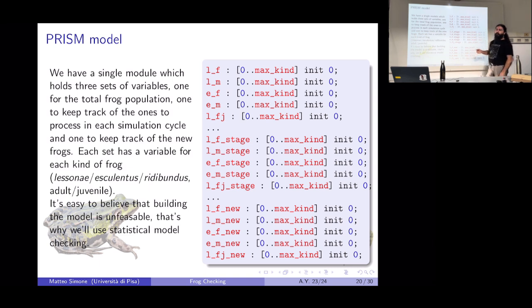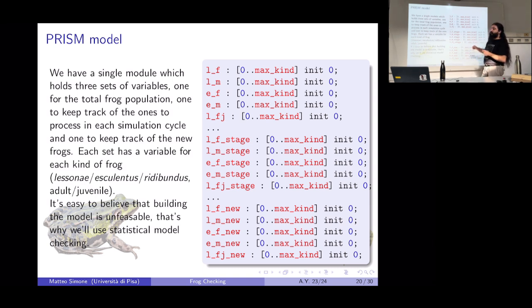So we can easily imagine that the number of possible states explodes really fast, even with a low upper bound on the variables. Since we have this problem, we cannot ask Prism to build the model and do normal probabilistic model checking, because Prism just says, sorry, I've run out of memory, I must die. So we cannot ask Prism to build the model.